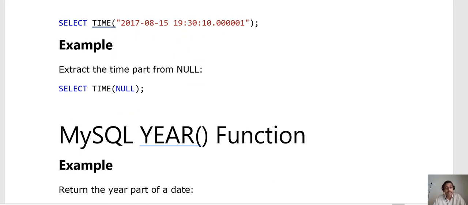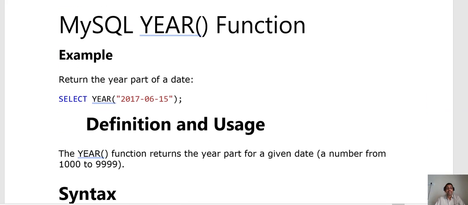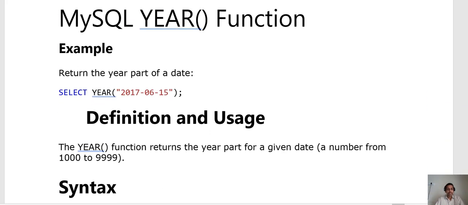Okay. The next function is called the year function. It returns the year part of a date. For example, select year and then 2017 6/15. It will give you the year from the date. Just like the month and the day we have used, now we are using year.